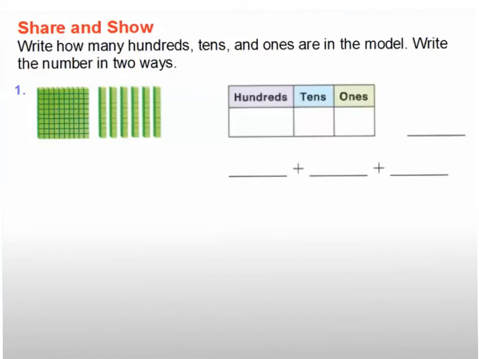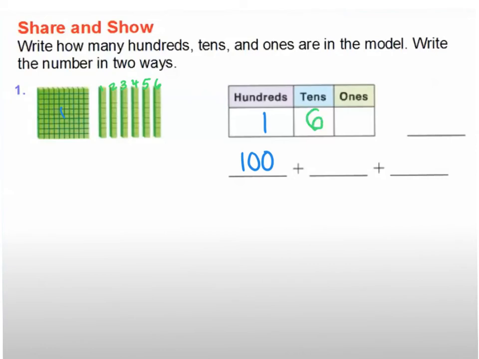Let's look at number 1 of the share and show box section. It also tells us to write how many hundreds, tens, and ones there are in the model, and to write the number in 2 ways. So just like how we just did. So to start, we have 100. And that's the same thing as saying 100 written like this. We have 1, 2, 3, 4, 5, 6 tens.